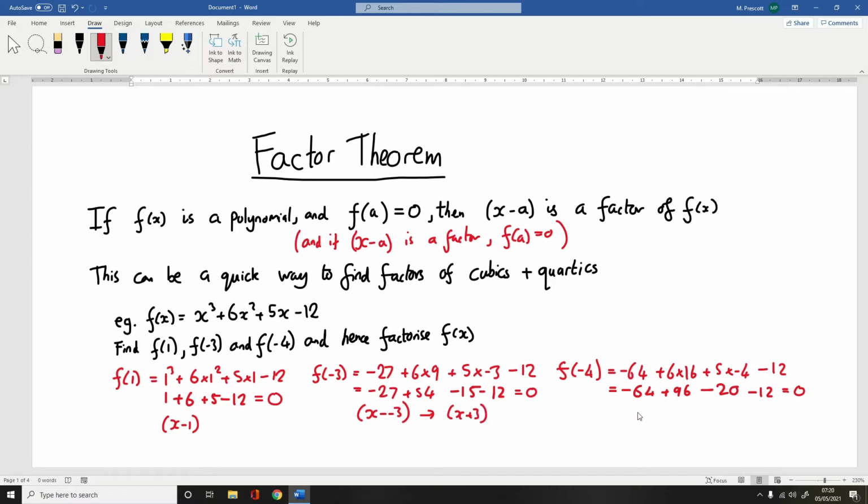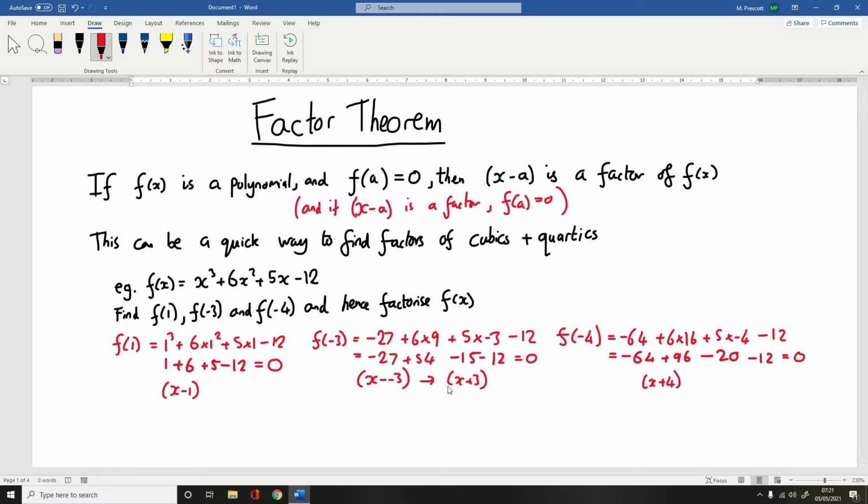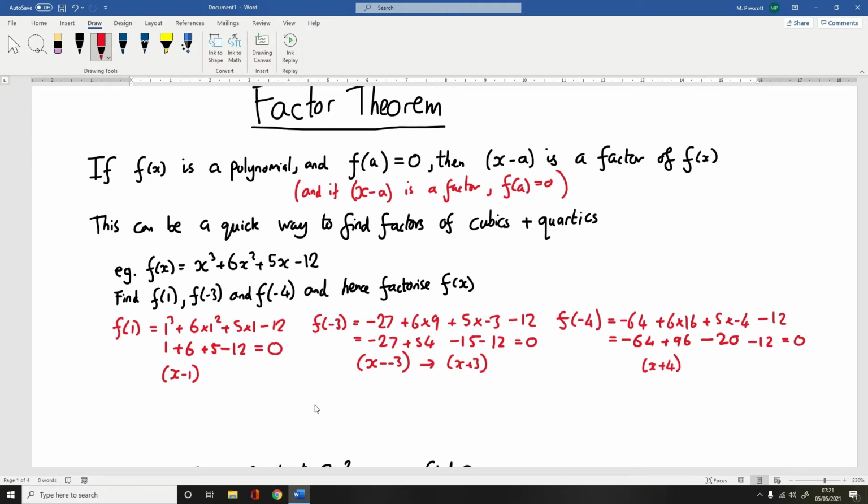And similarly, this will give us x minus minus 4, so x plus 4. So these are all factors, so we can use that overall to factorize f(x). We can say that our polynomial is (x minus 1)(x plus 3)(x plus 4).